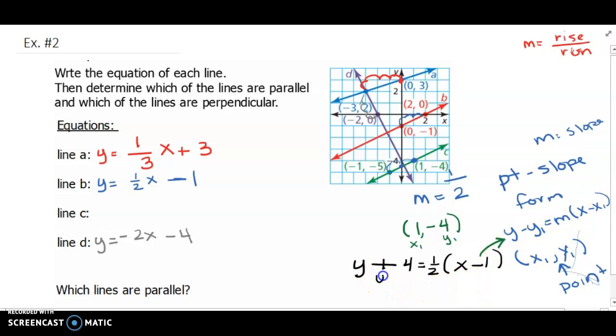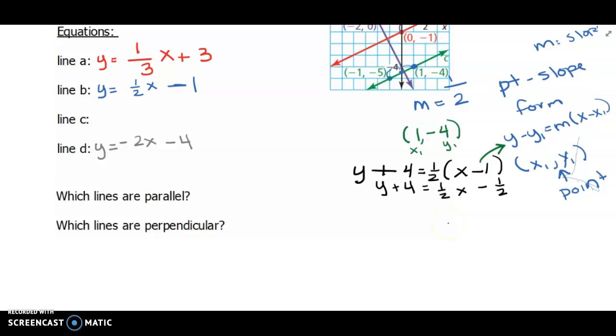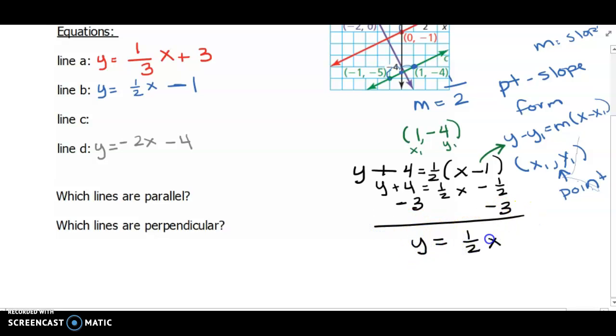So y plus 4 equals 1/2 x minus 1/2. Now I can subtract 4. So I get y equals 1/2 x minus 3.5. And that is the equation of this line. So y equals 1/2 x minus 3.5.